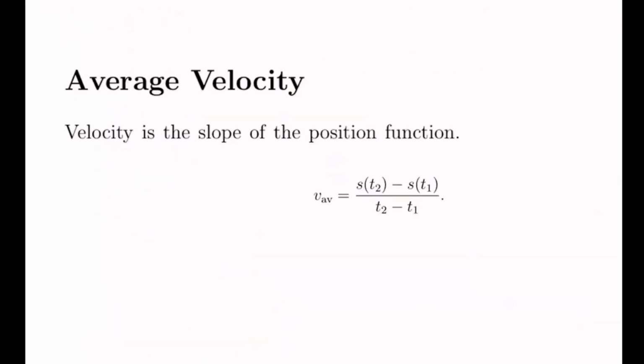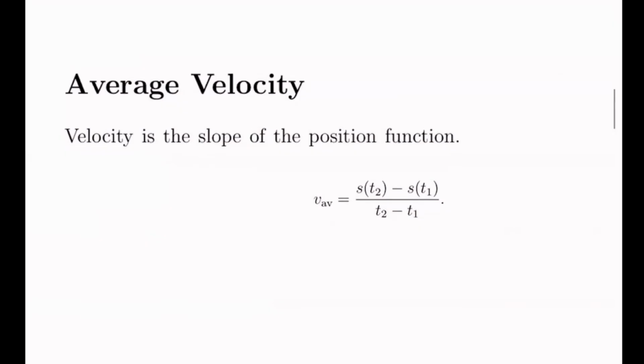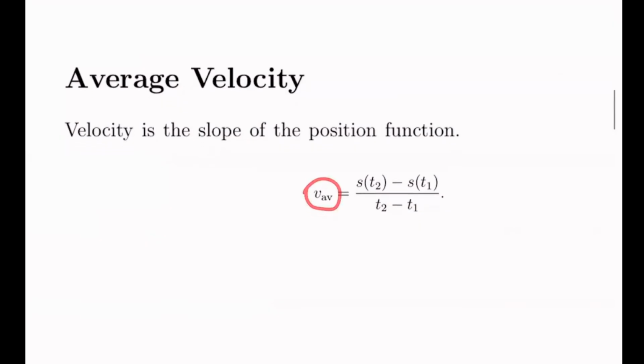So let's find the average velocity of our ball at some points. Velocity is the slope of the position function, but at first, we can only measure average velocity over a time interval. So the formula is the same as for the slope, we are just changing the notation a little bit.